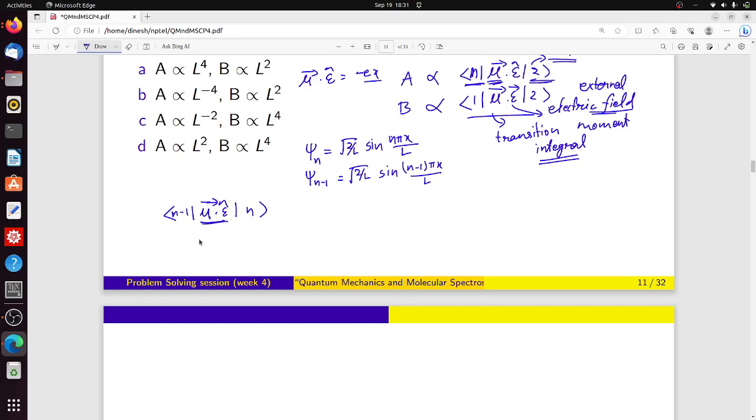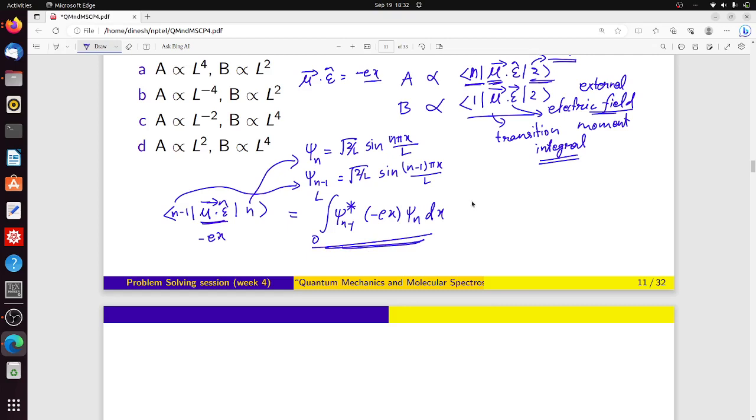So you have this minus E x, and you have this wave function, and you have also this wave function. What you have to do? You have to do this integration 0 to L, because the potential is only from 0 to L. In other limits it will be 0. So you have to write psi n minus 1 star, minus E x, psi n dx. Okay, so you have to evaluate this first.